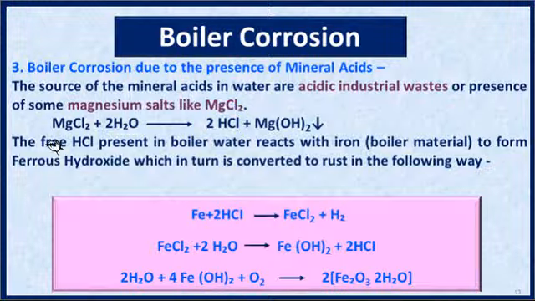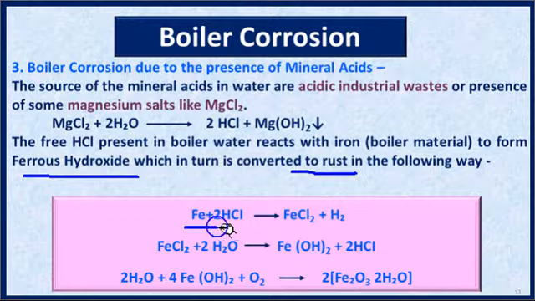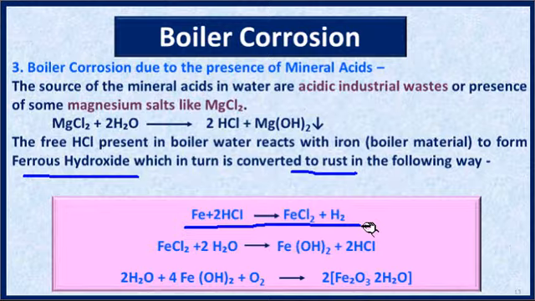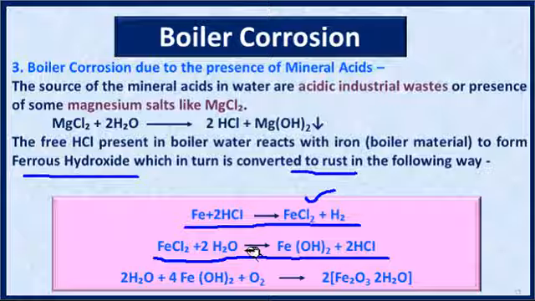So the free HCl present in the boiler feed water reacts with the boiler material, just like iron, to form the iron hydroxide, which ultimately is converted into the iron rust. In this way, when iron, that means the boiler body, the boiler material, comes into contact with the HCl, it gets dissolved in the form of iron chloride, which in turn is converted into the iron hydroxide after reacting with the water.